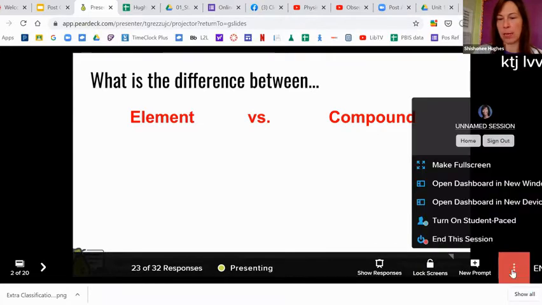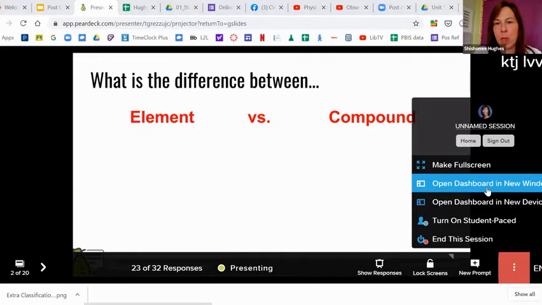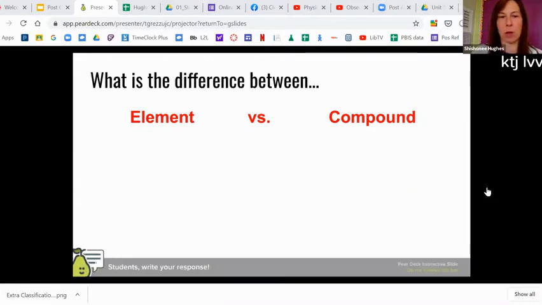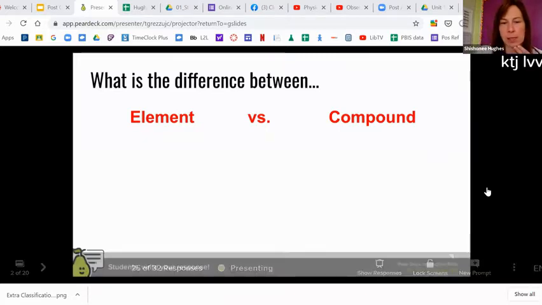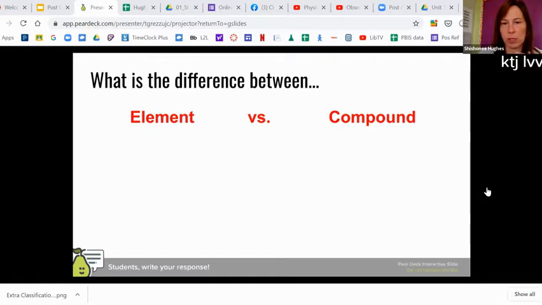Now, the reason why I like to have you guys put your responses in is that I can actually see them, which allows me to figure out if there are any misconceptions and discuss those with you guys. I can actually see you typing them in real time, which is kind of cool.